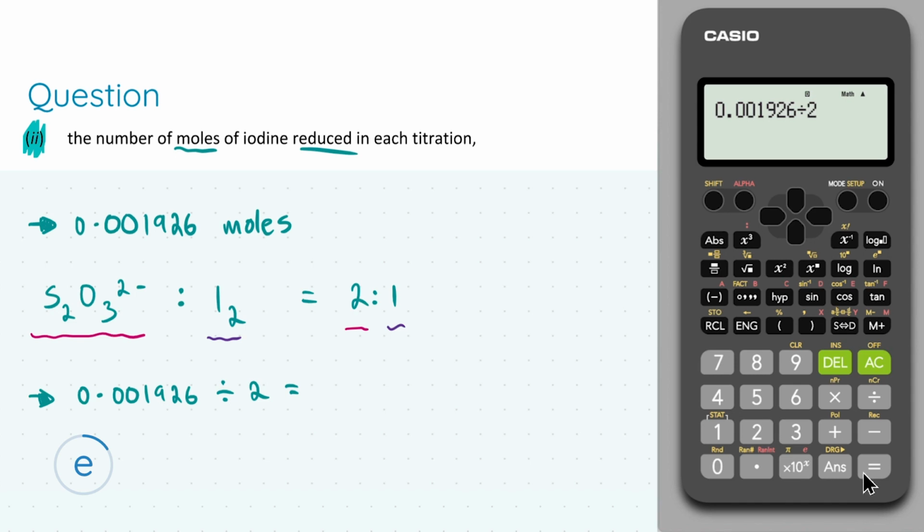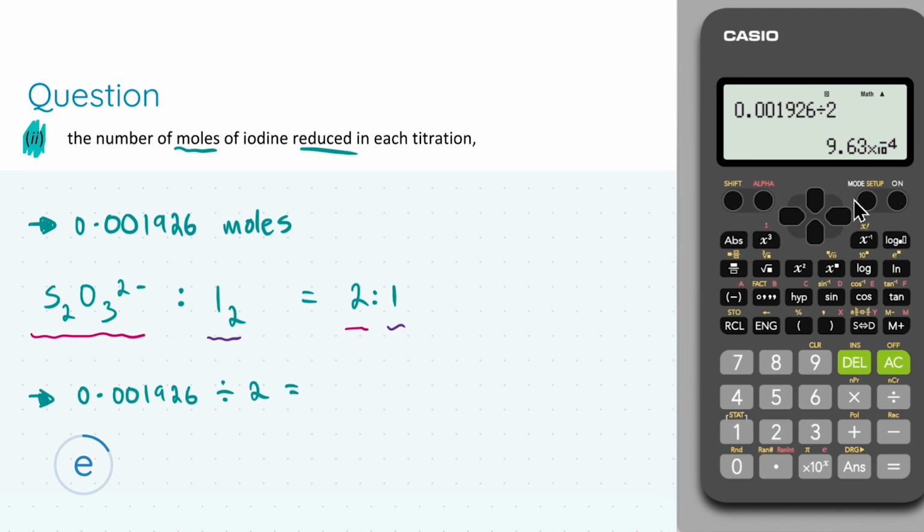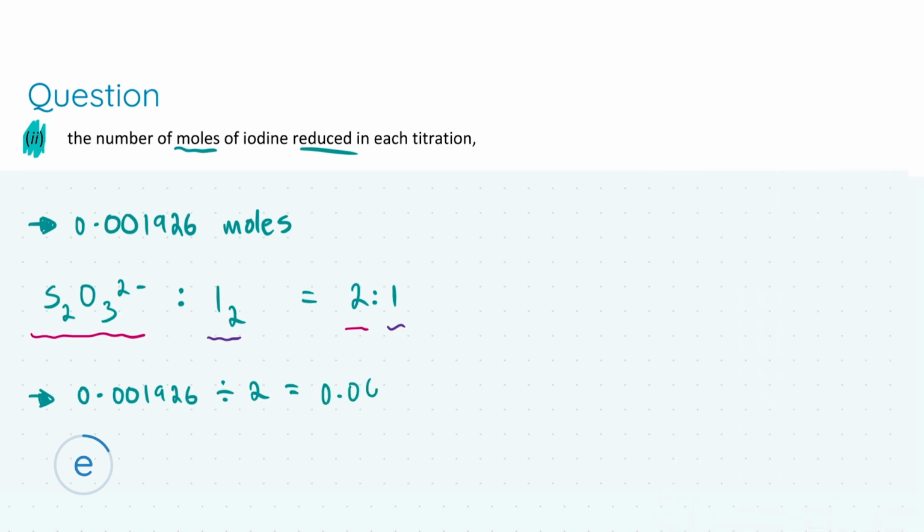So putting that into our calculator, we're going to get 9.63 by 10 to the minus 4, and that's the number of moles of iodine reduced in each titration. As always, you can leave this in scientific notation, it doesn't really matter, or you can write it out in full. I'm going to do that just for my own peace of mind, but either way, it doesn't really matter how you write it. The answer that we got there was 0.000963, and this is the number of moles of iodine reduced.